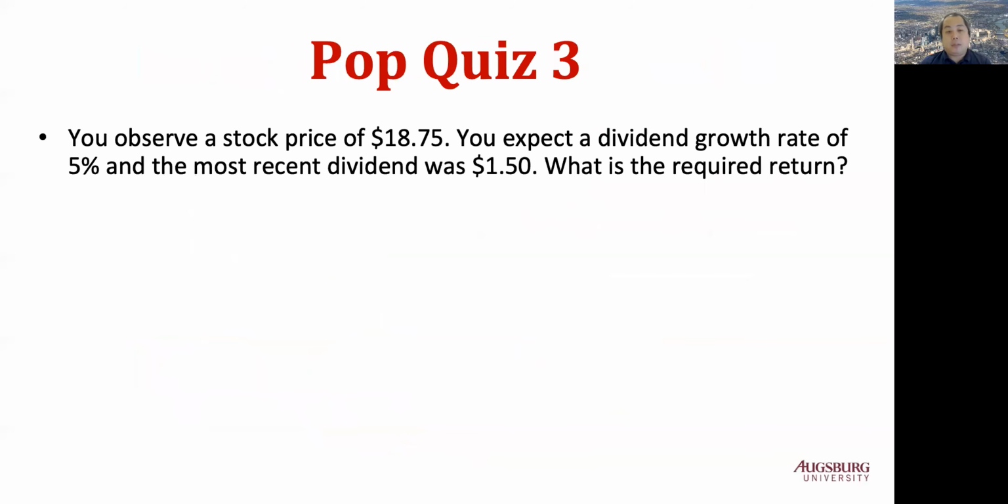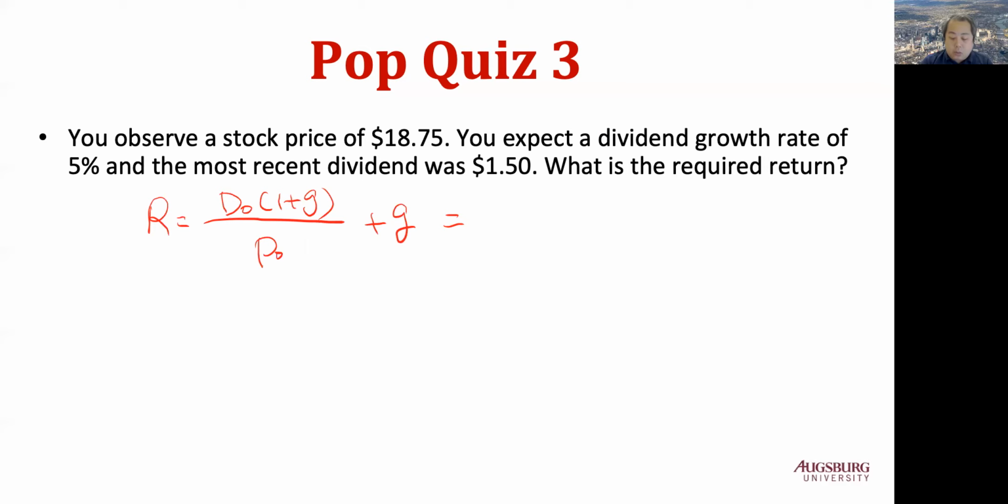Another pop quiz. You observe a stock price of $18.75. You expect a dividend growth rate of 5%, and the most recent dividend was $1.50. What is the required return? Just use the formula and solve it. We have to use the formula R equals D0 times 1 plus G, divided by P0, plus G, because we don't have D1, we have D0.